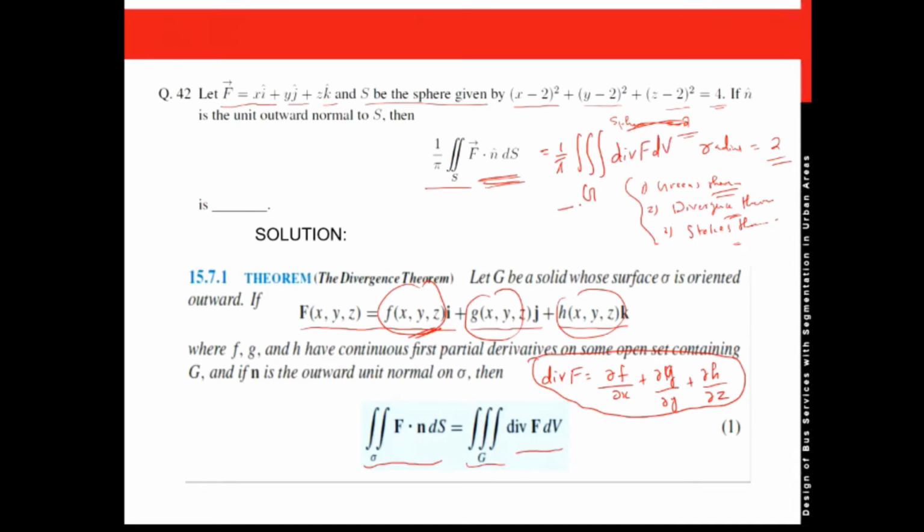So what is div F here? Dou f by dou x is 1, plus y with respect to y is 1, plus 1. So the divergence of F is 3.